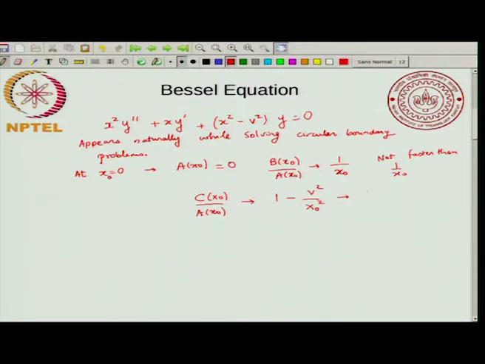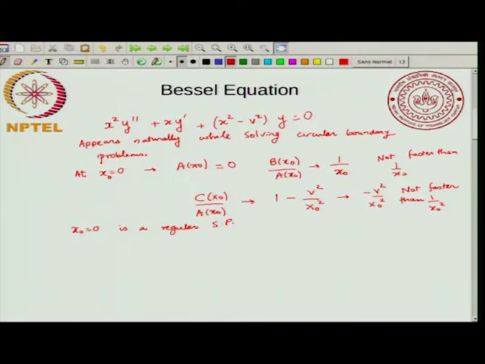So, this goes as minus v square by x 0 square, and it is not faster than 1 by x 0 square. Okay. So basically in this case you have the usual conditions, you have the conditions for a regular singular point. So, that means x 0 equal to 0 is a regular singular point.